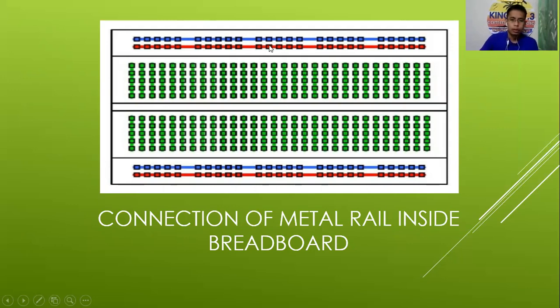Blue rail. Okay, so earlier I said they are interconnected to each other for the horizontal. Okay? Horizontal is for the supply, positive and negative. So take a look at this illustration.